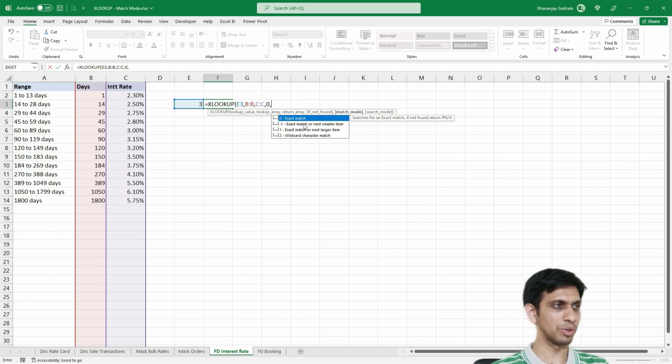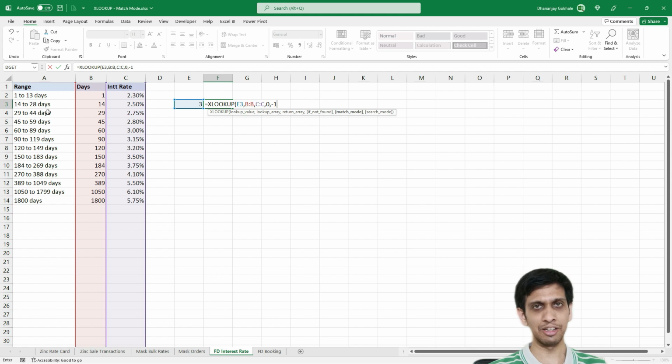In our scenario, we would be taking the rate for 1, because it is 1 to 13 days, on the lower side. So we would be choosing exact or the next smaller item. I press tab, and it writes -1. That means match exact or to the lower side.